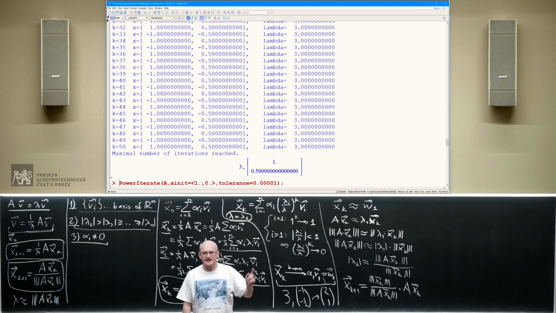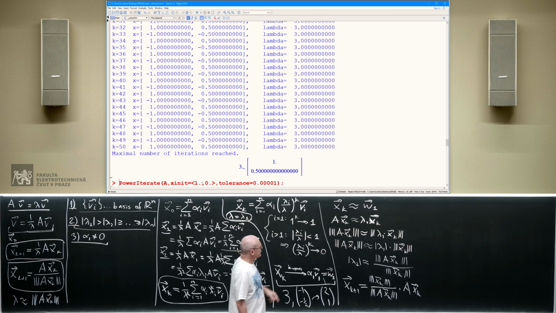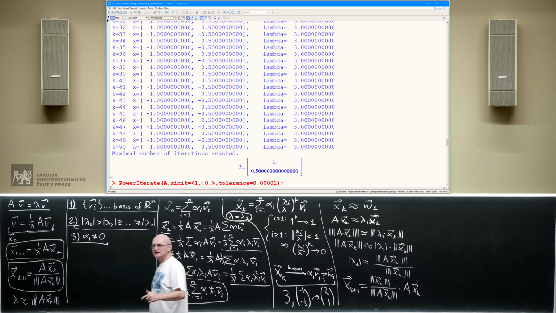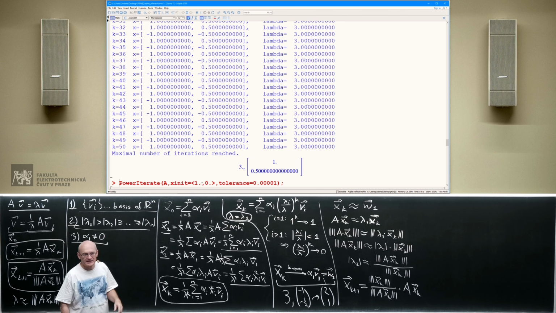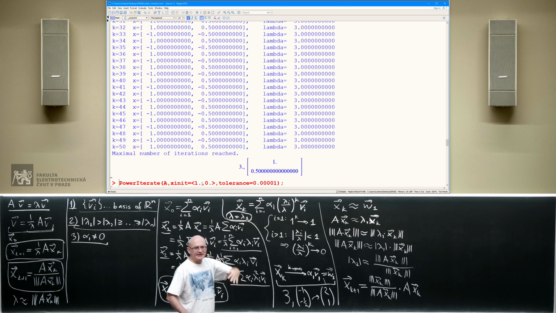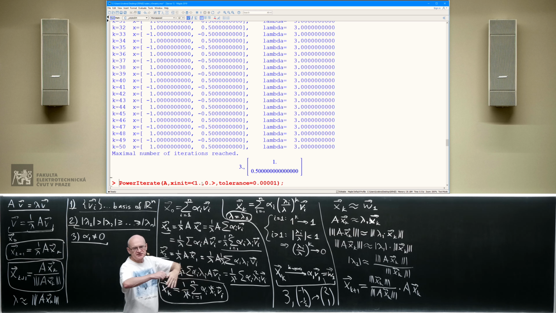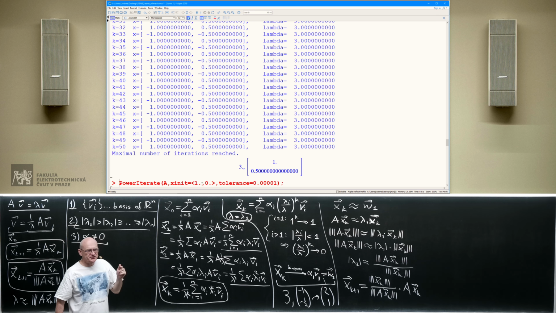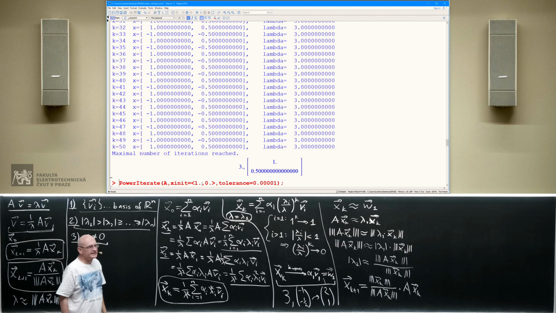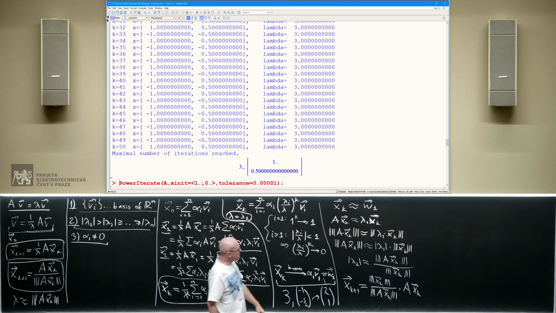So if the largest eigenvalue is positive, then I can actually use the formula and everything works out, which is exactly the case of my first example. But now in this second example, when I'm taking the opposite matrix, the eigenvalues also change sign, and therefore the largest eigenvalue is not 3, it's -3. And that's something that this procedure does not see.